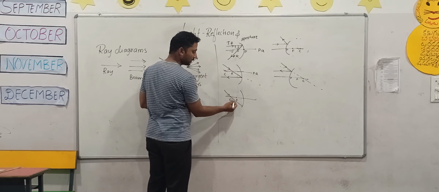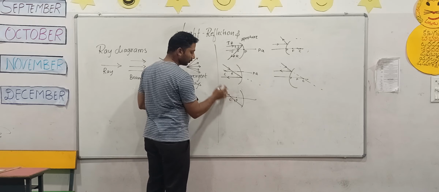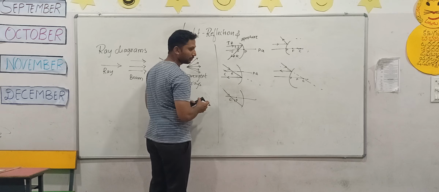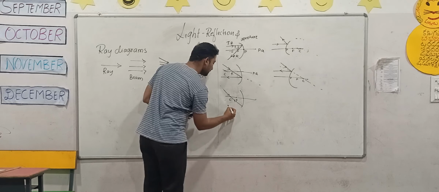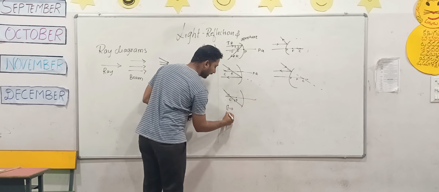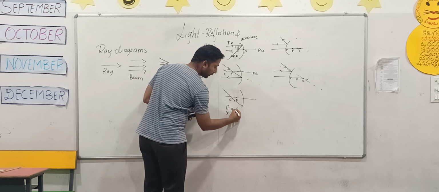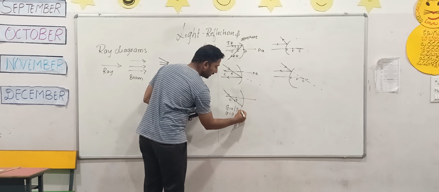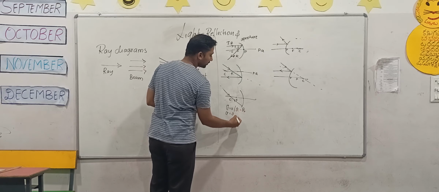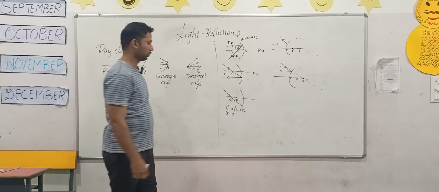Only in this case, the reflected ray will retrace its path and go straight, and the normal line also lies on the same plane. Here the angle of incidence is equal to 0. Because of this reason, the angle of reflection is also 0. We can write theta I is equal to theta R. According to the laws of reflection, theta I is equal to theta R, that's why it is 0.